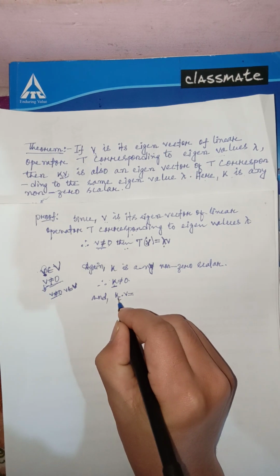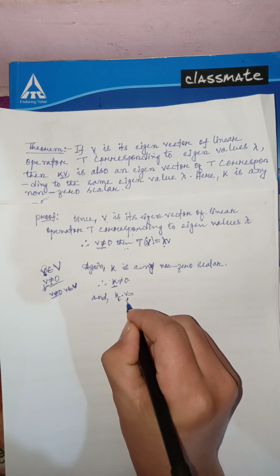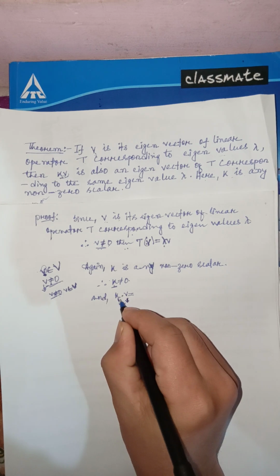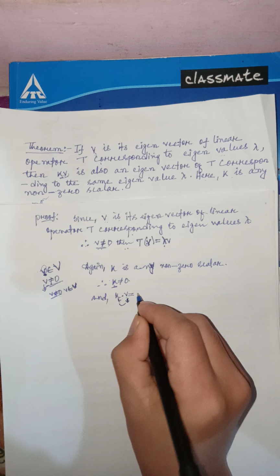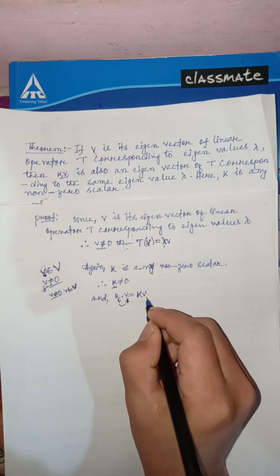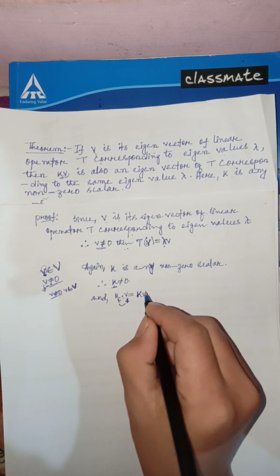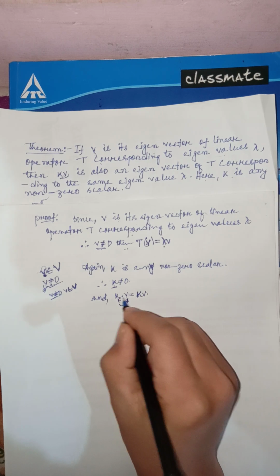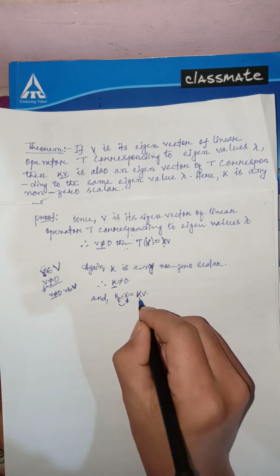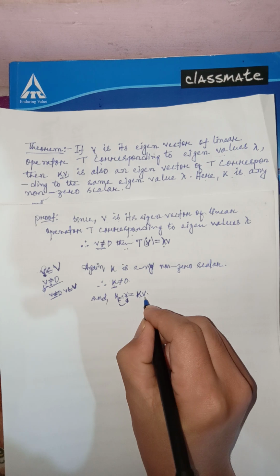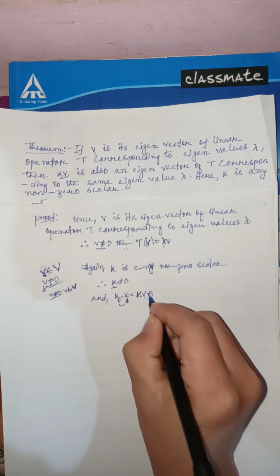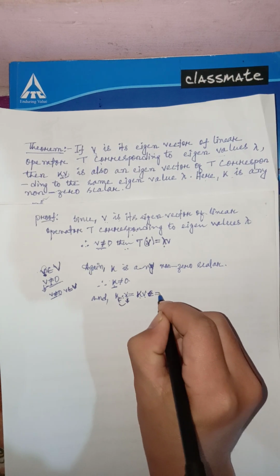After you multiply, the product of the scalar k with the vector v is kv. Since k is non-zero and v is non-zero, even after you multiply these two, the product will also be non-zero. It means it should not be equal to 0.